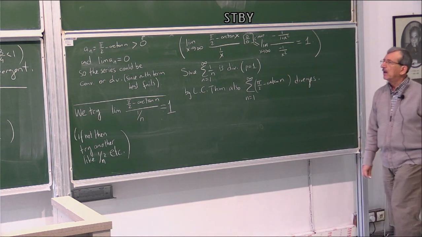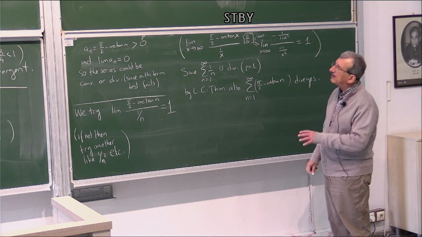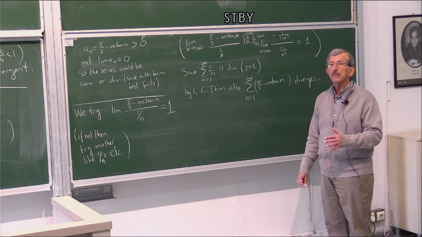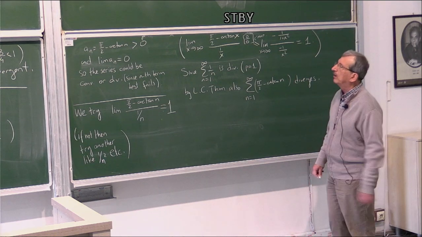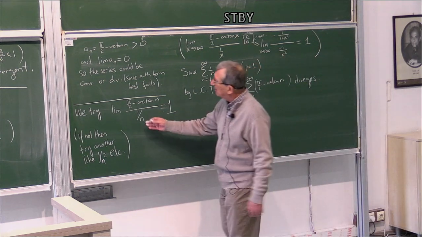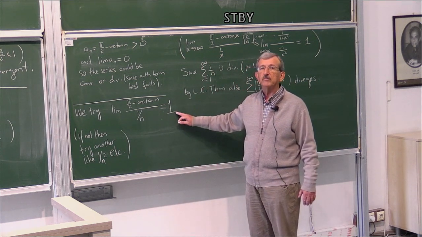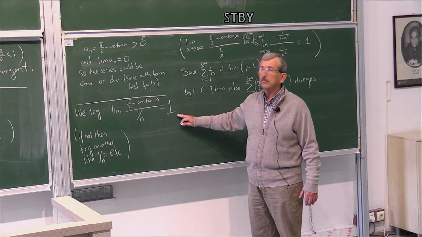Okay. So note that here it's not very clear with what to compare. Okay? And therefore, we tried something, and because the limit is 1, we were lucky. It worked. Okay.